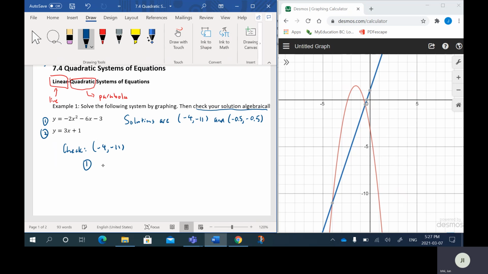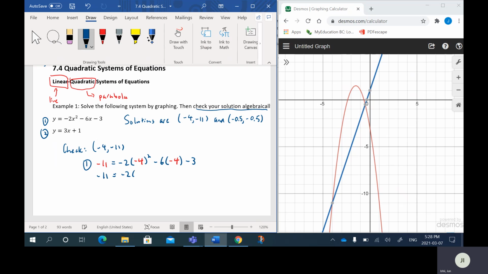When I sub it into the first equation, -11 is my y value: -11 equals -2 times x squared, so -4 squared, minus 6 times -4 minus 3.